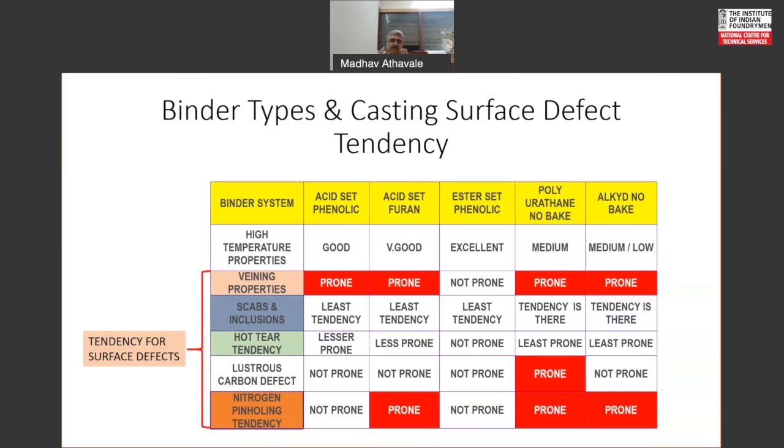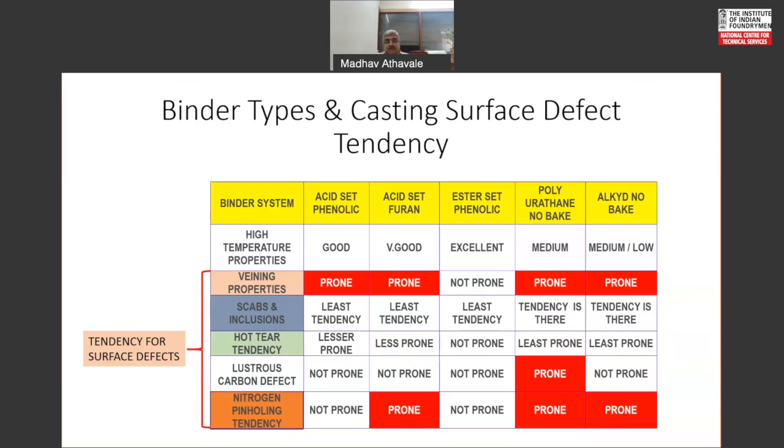This is taken for silica sand, mind you. Scabs and inclusions, only in alkyd no bake the tendency is more, as well as in polyurethane no bakes. Hot tearing tendency, most of them are less prone or not prone. Lustrous carbon defect, polyurethane no bake will be very prone, while the rest of them are not so prone.